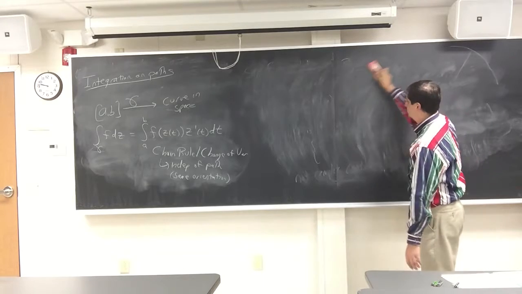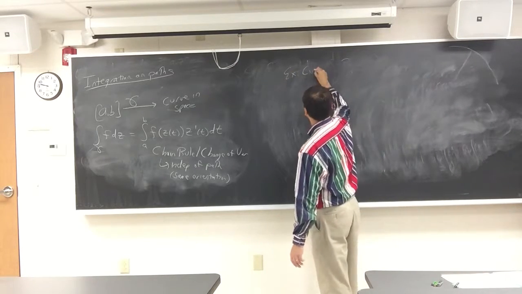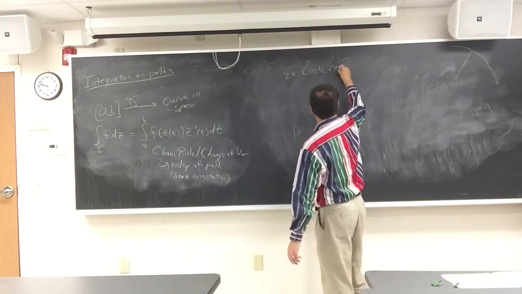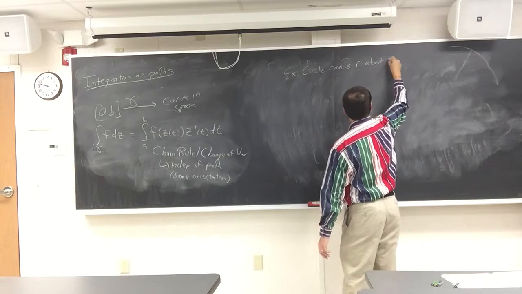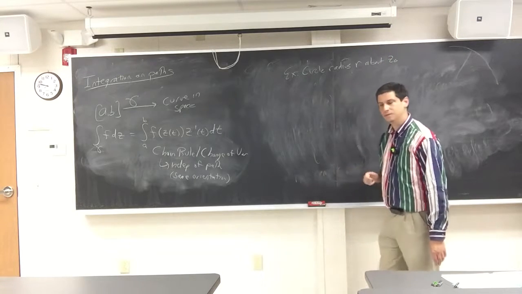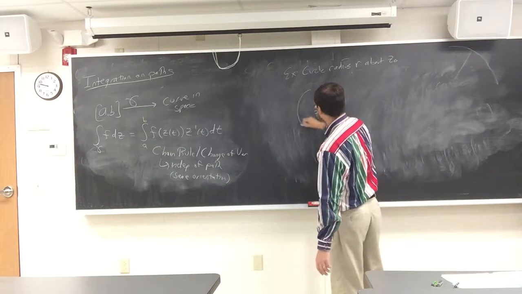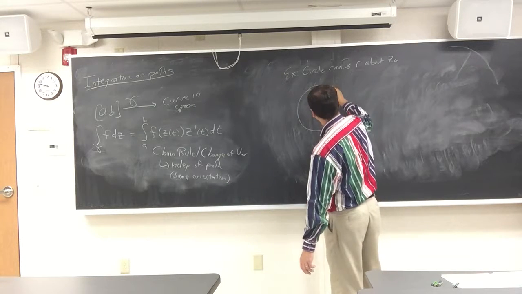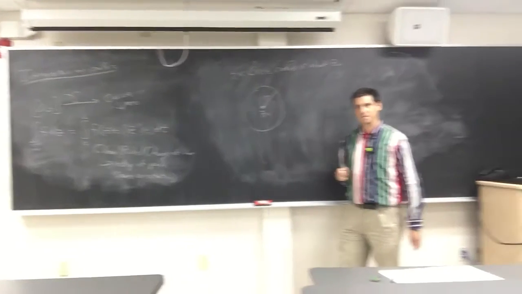So let's look at some of the most important examples. Circle of radius r about z naught. So here is z naught. With a good imagination, that's a circle of radius r.